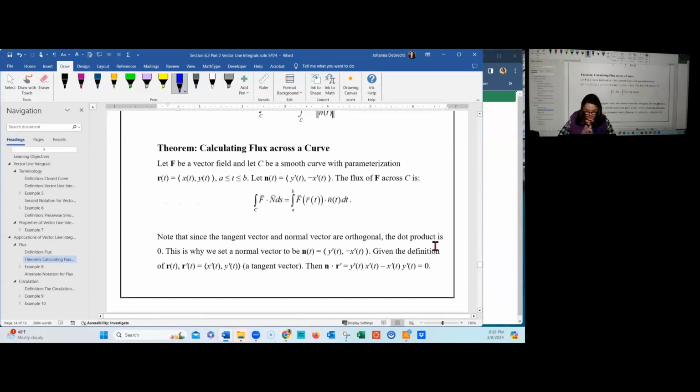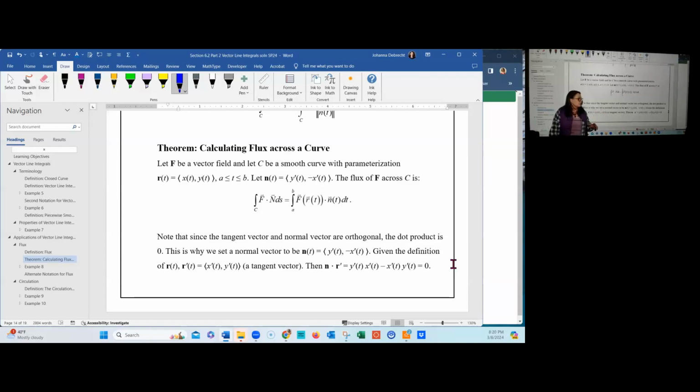Let's think about why this particular normal vector, y prime of t, negative x prime of t, is in fact normal to the curve. A tangent vector would be taking r of t and taking the derivative. It's not the unit tangent vector, but it's a tangent vector, given by x prime comma y prime.